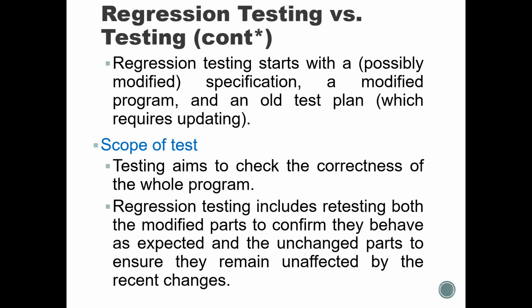You need to find out which modules or which functions are directly linked with this modification. I'm going to show you this with an example in code, so that you can see in more detail what this unchanged actually means here.